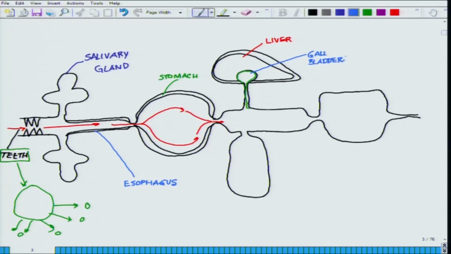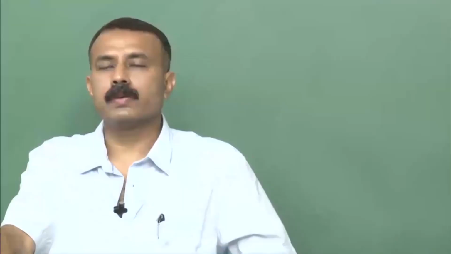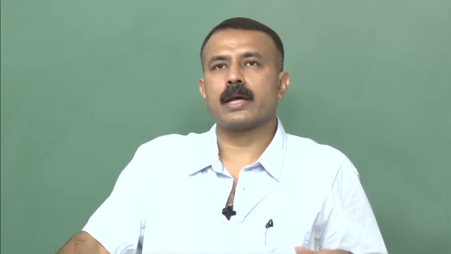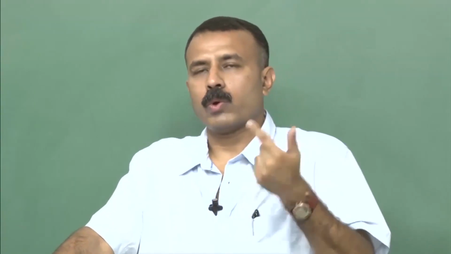Okay. That was the reason, because many a times whenever you see the picture of the digestive system anatomically drawn, it becomes really challenging for those who haven't seen the physical digestive system, who haven't done the dissection. At times it becomes really difficult for them to understand exactly what is connected to what. That was the whole reason why I decided that I will give you a flow chart diagram.